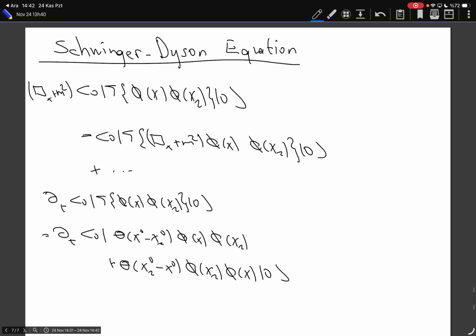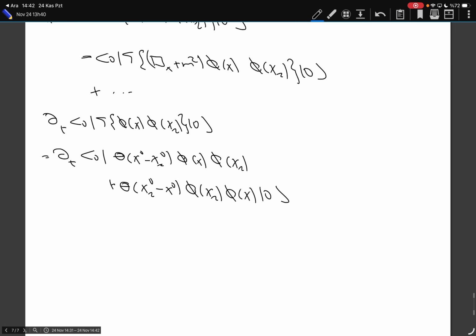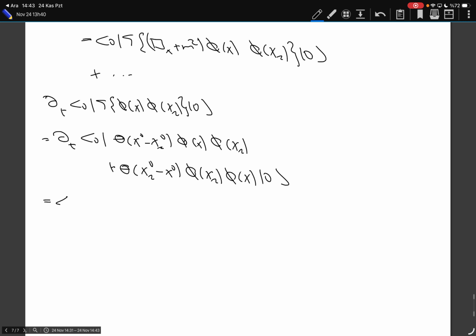I just use the definition of the time-ordered product. Now let me take the derivatives. The derivative of the step function is a Dirac delta function. So the first term will be the Dirac delta of x0 minus x20 of phi of x, phi of x2. Let me take the derivative of the second step function.